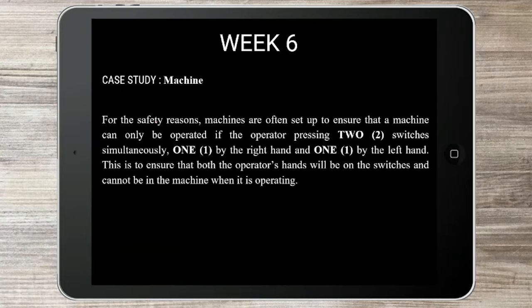For the safety reason, machine are often set up to ensure that a machine can only open if the operator pressing two switch simultaneously. One by right and one on left. This is to ensure the boss operator hand will be on the switch and cannot be in machine when in operate. Okay, ini more pada macam safety lah.